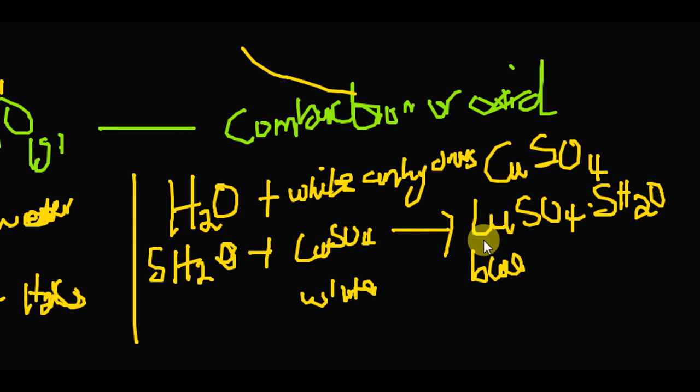Copper ions will be produced within the system, so that will change the color to blue, and that will confirm the presence of water. So basically, this is what we call the elemental determination. Some other people will say the qualitative analysis, but it's all the same.